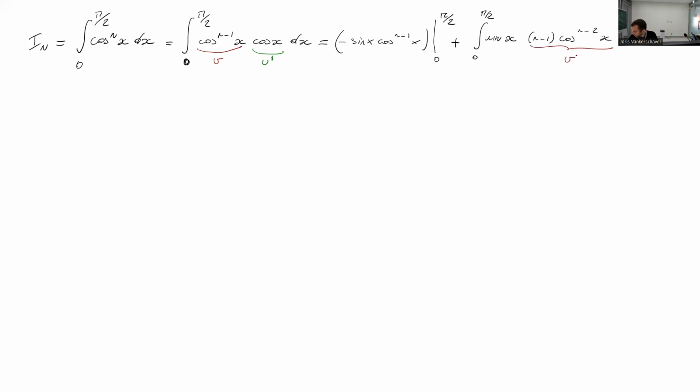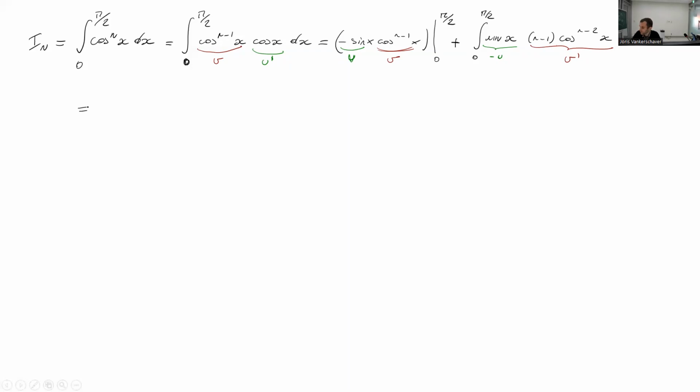This is v prime, and this thing right here is minus u. Why is it minus? Because I took out the minus and combined it with the other minus. Okay, so that's our formula.